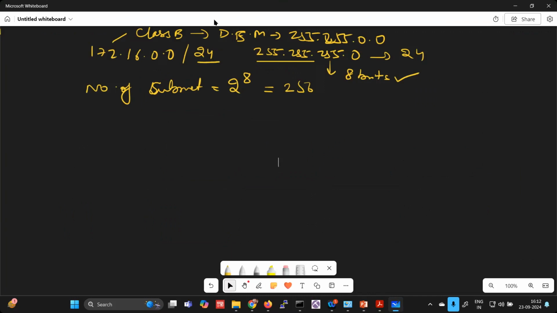It means originally, without any subnetting, with the default subnet mask, how many networks were there? With this example, one network with 65,534 hosts. In a single network, 65,534 computers were available.